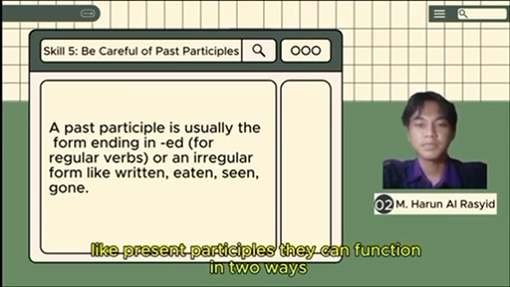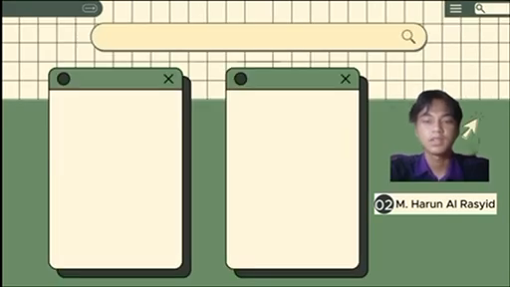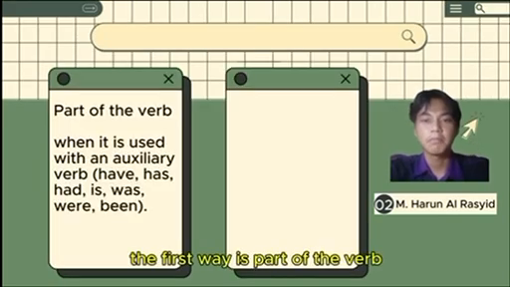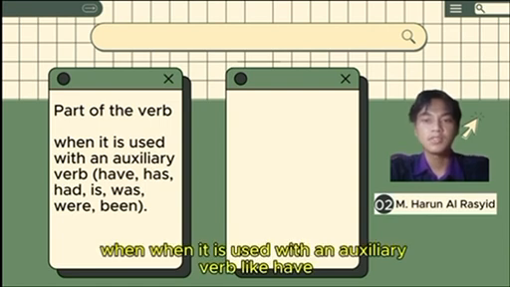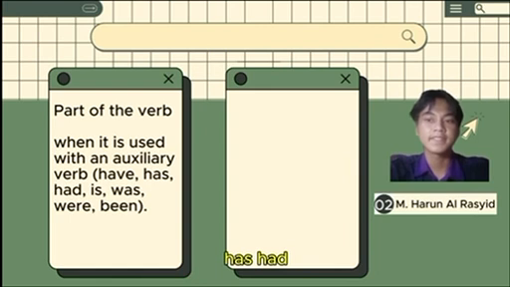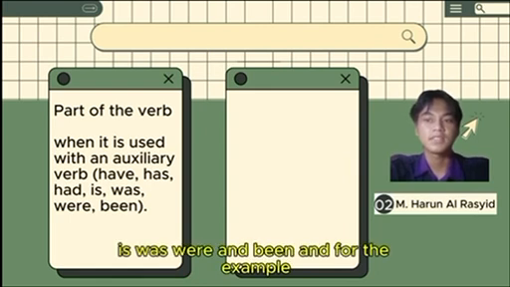Like present participles, they can function in 2 ways. The first way is part of the verb, when it is used with an auxiliary verb like have, has, had, is, was, were, and been.